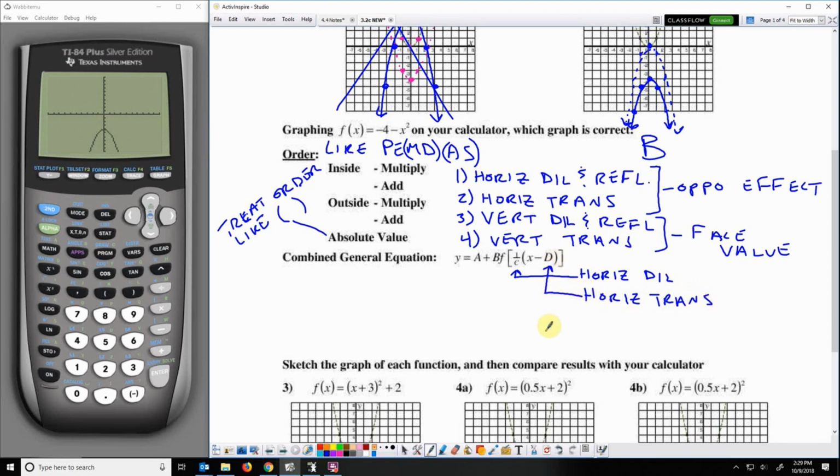Right there. Opposite the sign. The third thing is a vertical dilation. So you're moving outside and looking for multiplication right there. And the last thing is vertical translation. And that's adding or subtracting a number outside of the function.